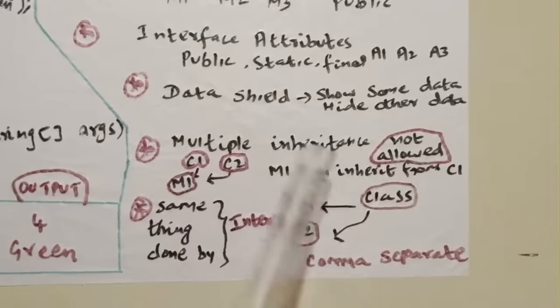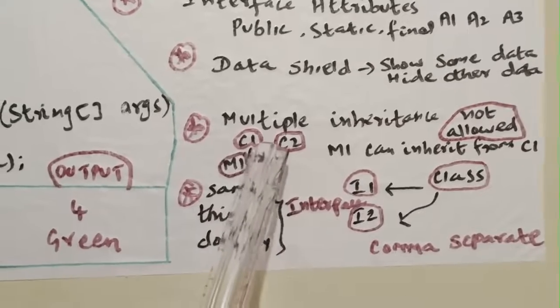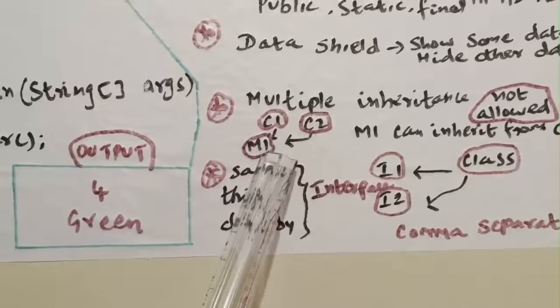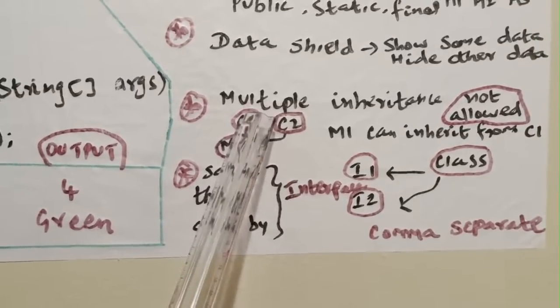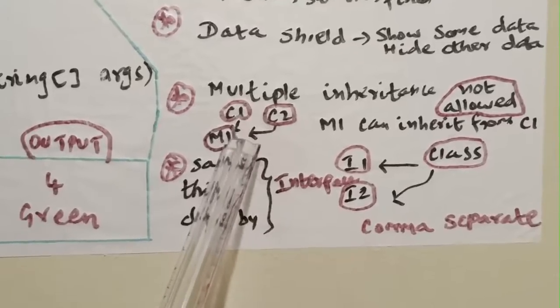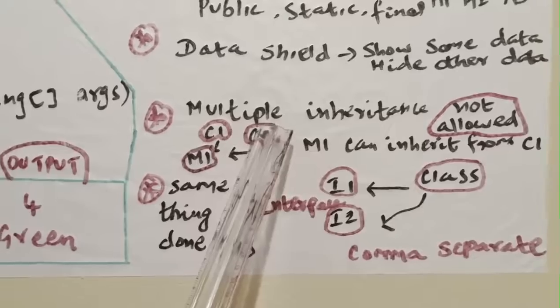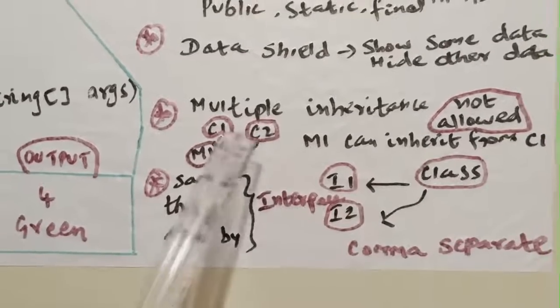But multiple inheritance is not allowed. For example, class 1 and class 2. M1 can access C1 because M1 is a subclass and C1 is the superclass, like parent and child. C2 is another class. You cannot use M1 with C2 because it's another parent. M1 can inherit only from C1.